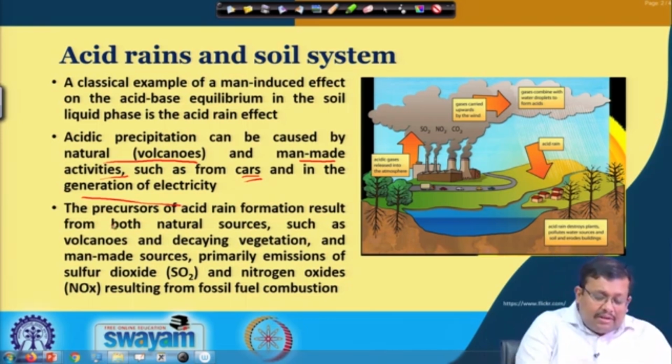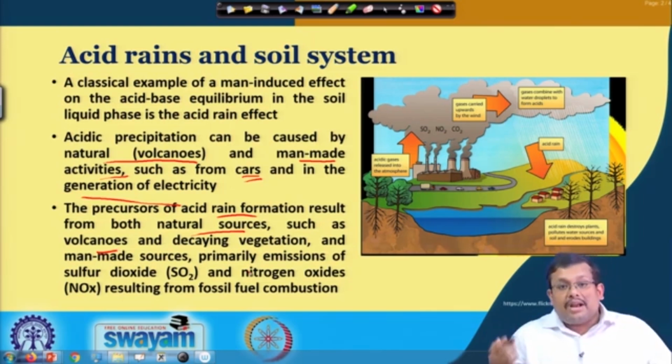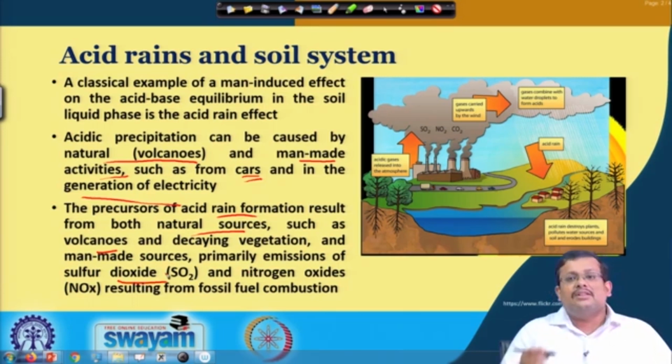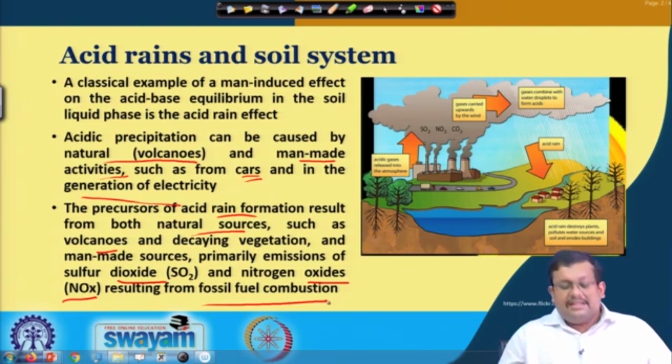Now, the precursors of acid rain formation result from both natural sources such as volcanoes and decaying vegetation, and man-made sources, primarily emissions of sulfur dioxide, which is basically emitted from automobiles, and nitrogen oxides, which can be represented as NOx, resulting from fossil fuel combustion. When we burn fossil fuels, either petroleum or coal, they generate sulfur dioxide and nitrogen oxides.